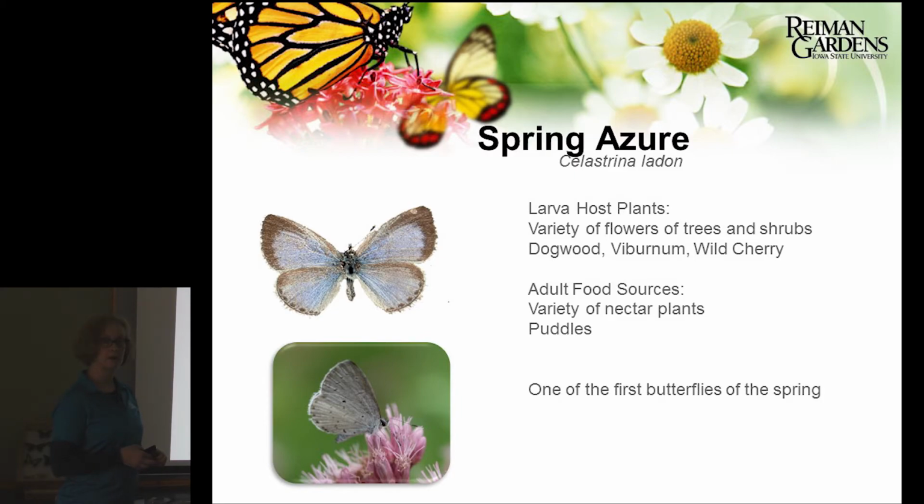They will nectar on a variety of plants, and they do like to puddle. The males do in the wet areas, and this is one of the first butterflies that appears in Iowa in the spring. These guys tend to fly higher because they do lay their eggs on shrubs and small trees. They do tend to fly higher up off the ground as compared to the eastern-tailed blue.